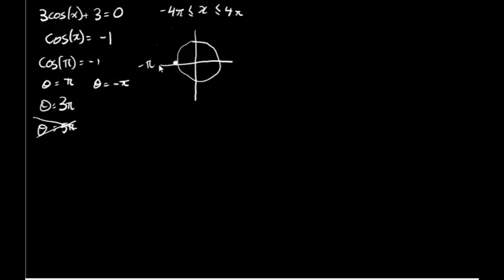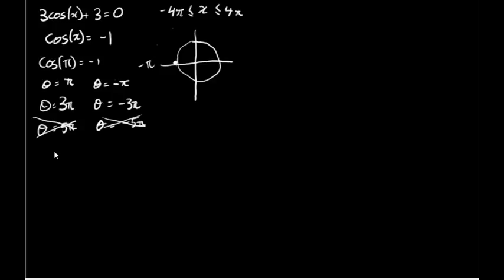So at the moment I'm at minus pi, and go back a full rotation, I'll go back to minus 3 pi. I'm still inside the domain, so I could go again. Minus 3 pi, a full rotation, minus 5 pi. It's outside the domain, so I stop there.